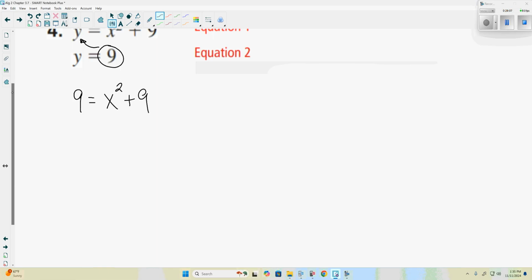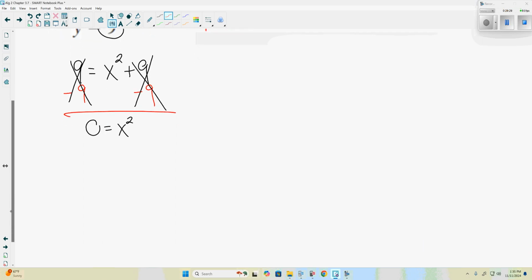Now we just need to get this equation equal to what? 0. And to do that, we can subtract 9 from both sides, because 9 minus 9 is 0. So 0 equals x squared, yes?